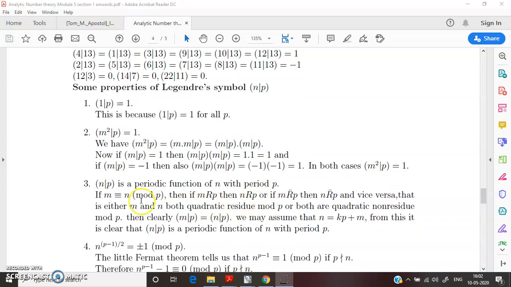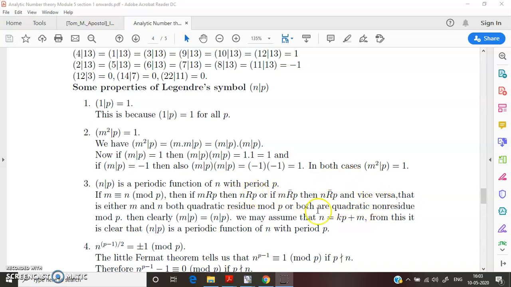If m is congruent to n mod p, then clearly we know that if m is a quadratic residue mod p, then the same will happen for n also. If m is a quadratic residue mod p, then n is also a quadratic residue mod p. And if m is not a quadratic residue mod p, then n is also not a quadratic residue mod p.